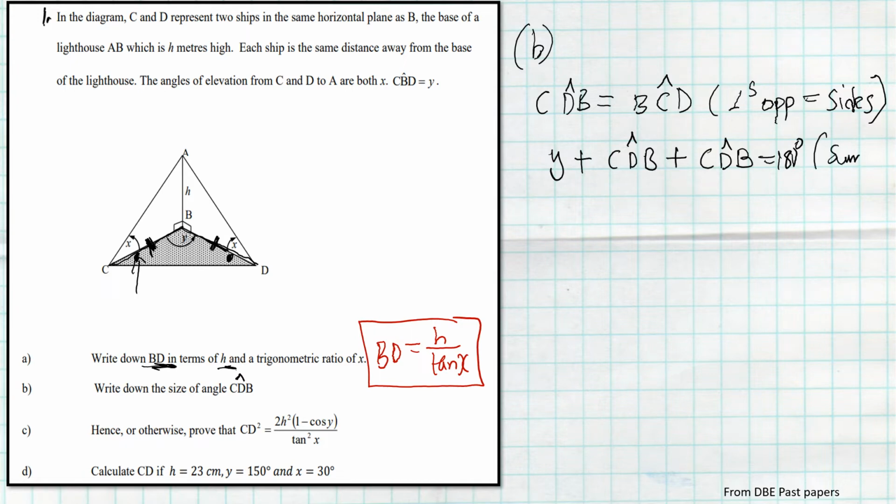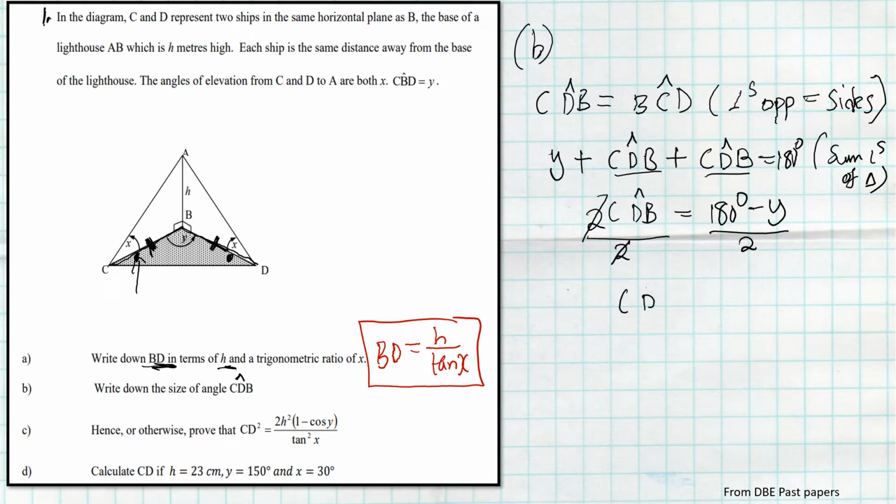So 2 angle CDB is equal to 180 degrees minus y. Divide by 2, then angle CDB is equal to 180 divided by 2, which is 90 degrees, minus y over 2. So that will be the size of angle CDB.